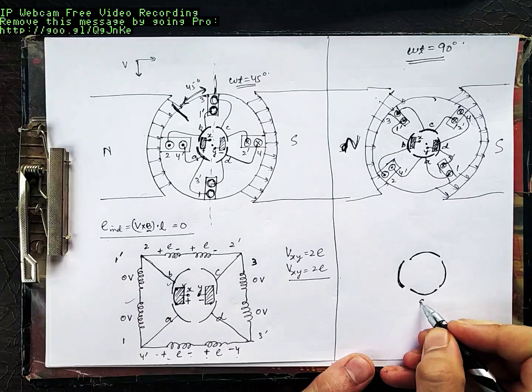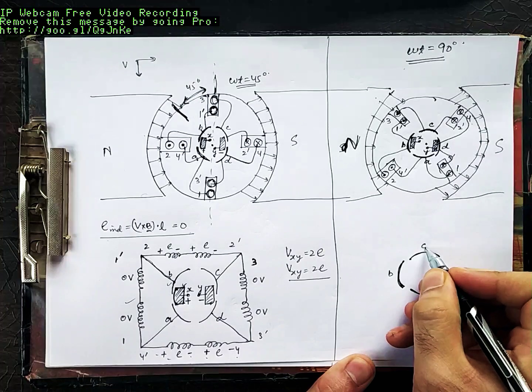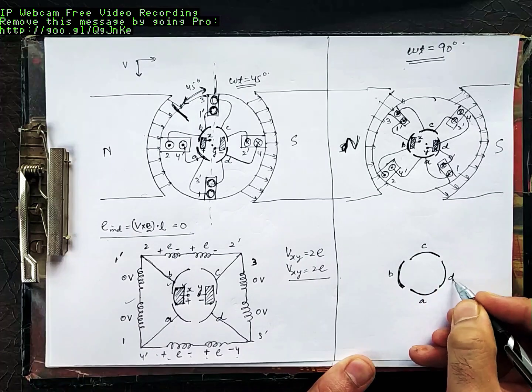This is A, this is B, this is C, and this is D.